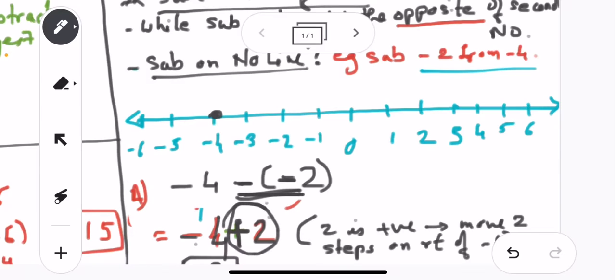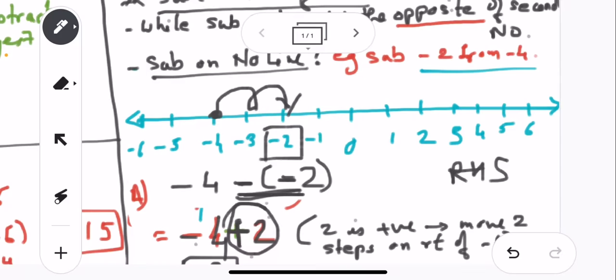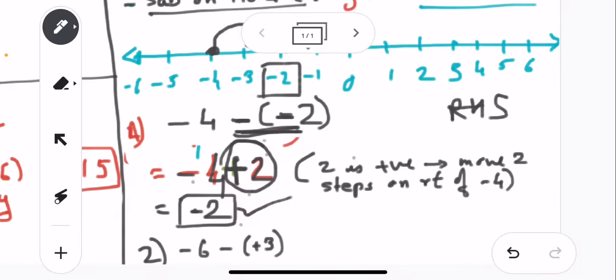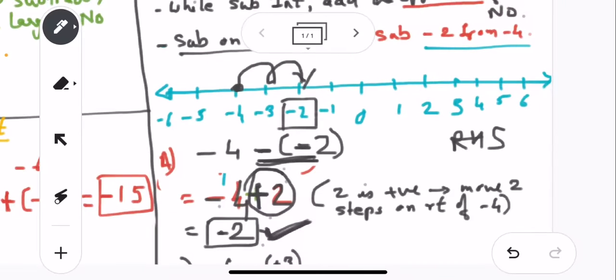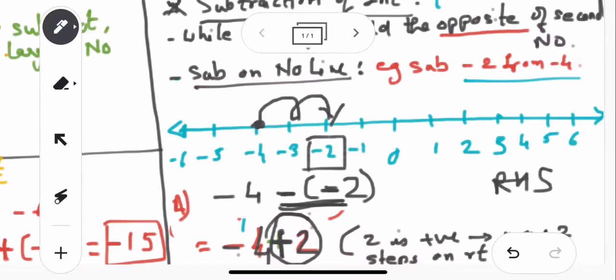When we do addition of this 2, we have to go to the right hand side. So I'll go from here 1 and 2 to the right hand side. So the answer I got is minus 2. When I do the subtraction, I get the answer as minus 2, and when I do the same thing on the number line, again I get the answer as minus 2.